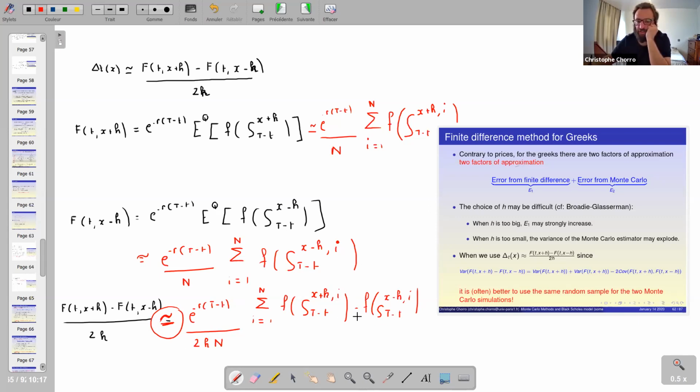If the variance is small, I will have a better approximation, in the sense that my confidence interval at a particular level will have a smaller size. But I have here a difference, and so I will write it here.